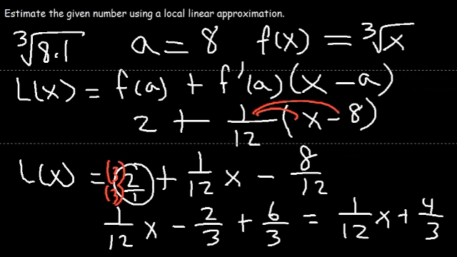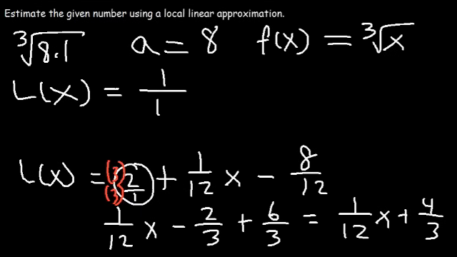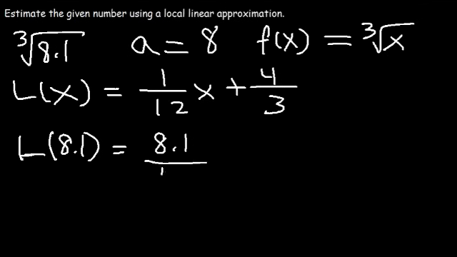And now let's use it to approximate the cube root of 8.1. So L of 8.1 is going to be 1 over 12 times 8.1, or 8.1 divided by 12, plus 4 over 3.